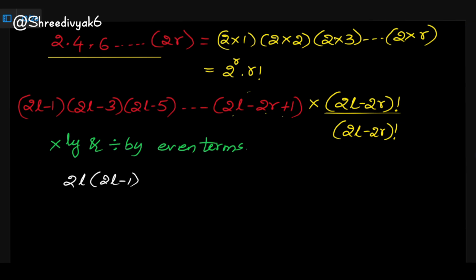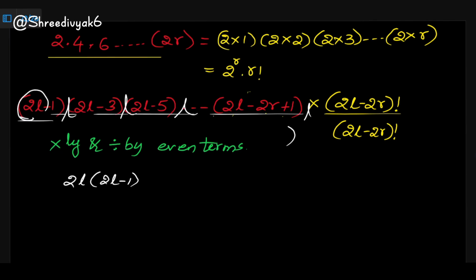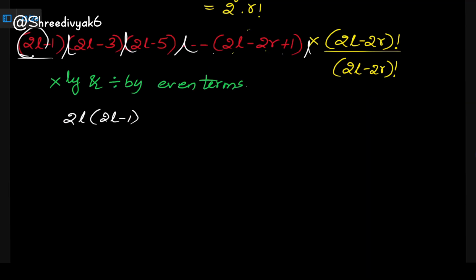Why? Because these are missing here, right? This is odd values, 2l minus 1, 2l minus 3, 2l minus 5 up till this. These even values here, they are missing, right? What I'll do, I'll just divide them and multiply them to get 2l factorial. Here I'll get all those even terms in the denominator. That thing we are going to do here.